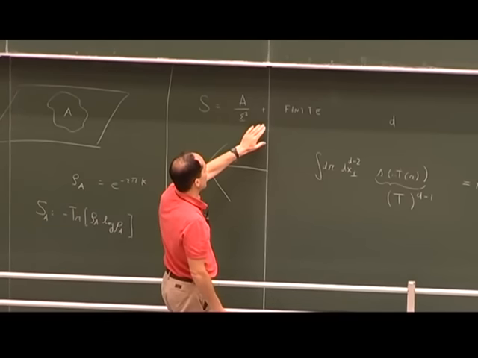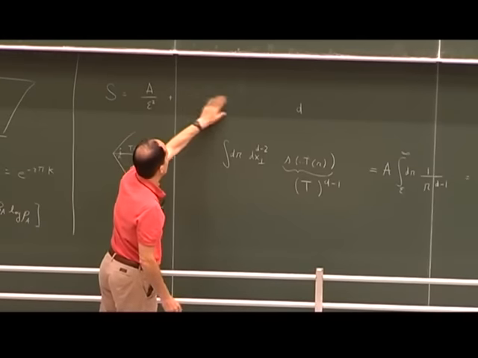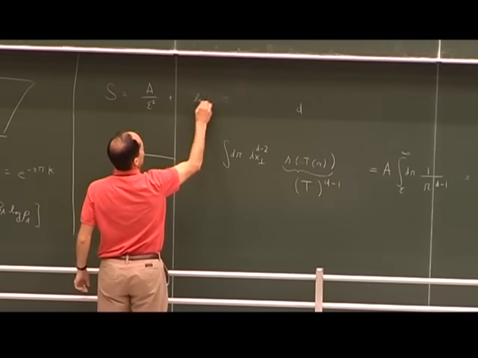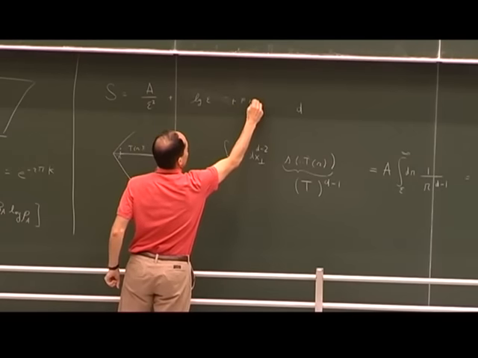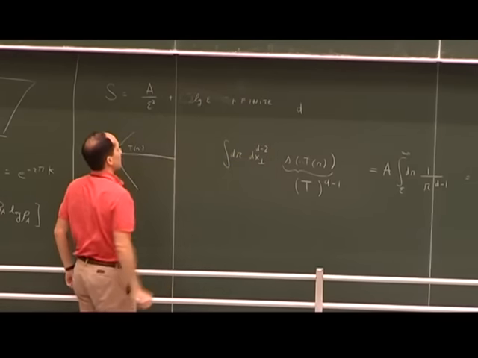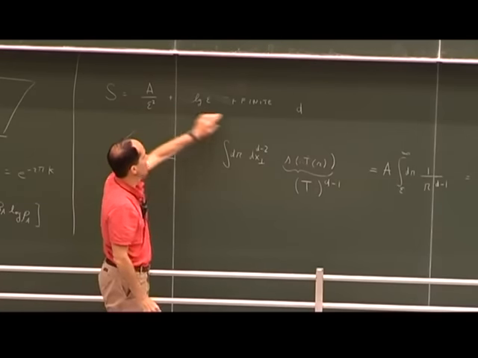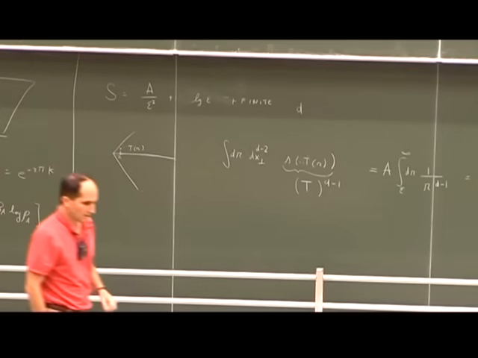Just to be a little more precise, I was slightly imprecise in this statement. In 4 dimensions, there are actually some logarithmic divergences, which are also universal, and then there is something finite. And sometimes people focus on this coefficient, sometimes one focuses on the finite pieces. Very good.